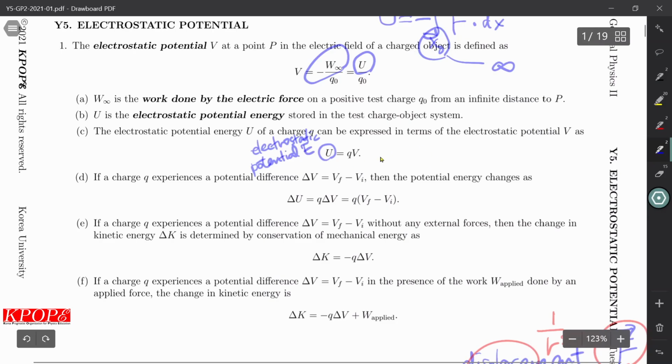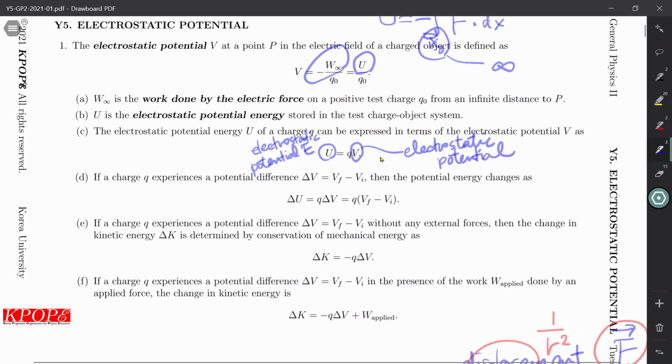And the right side is electrostatic potential. So this is energy and this is potential.